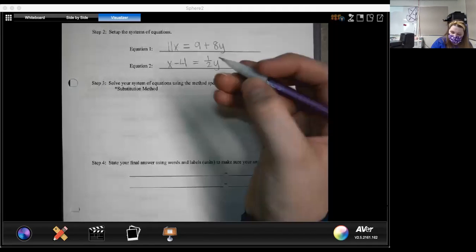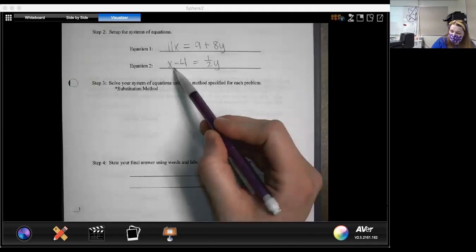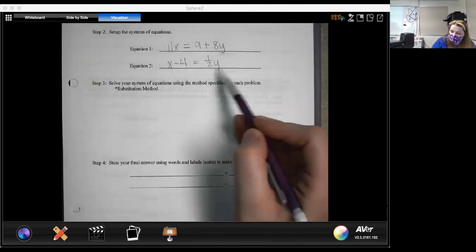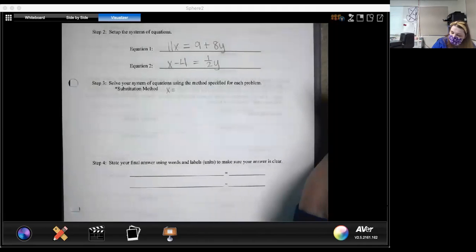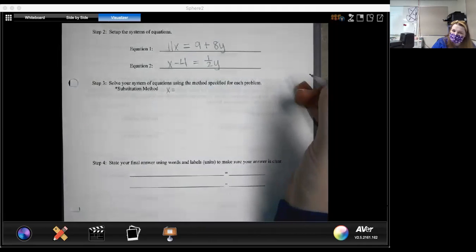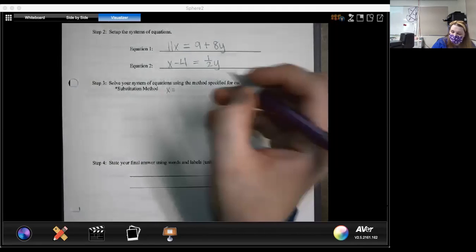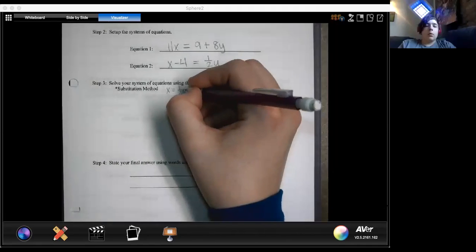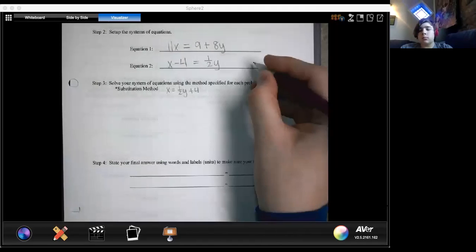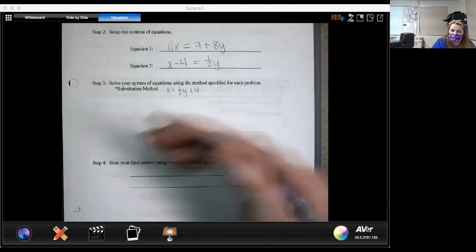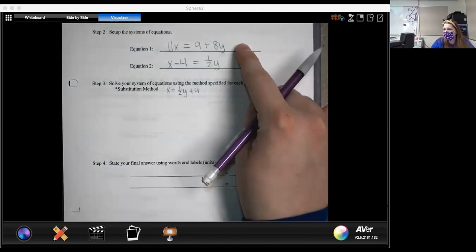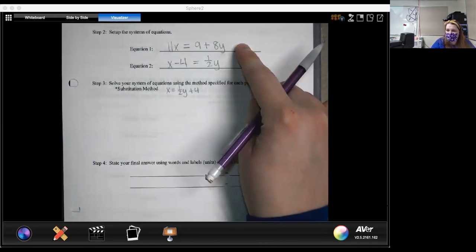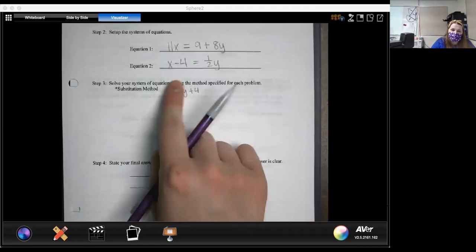X. Okay, so if I solve this equation for X, what would that equal? X equals 1/2 y plus 4. Good. All you have to do is add that 4 to the other side. If I did the top one, I would have to be doing some dividing and getting some crazy fractions in it, right? Not likely going to be a nice one to work with. Okay, now what do I do with this expression?